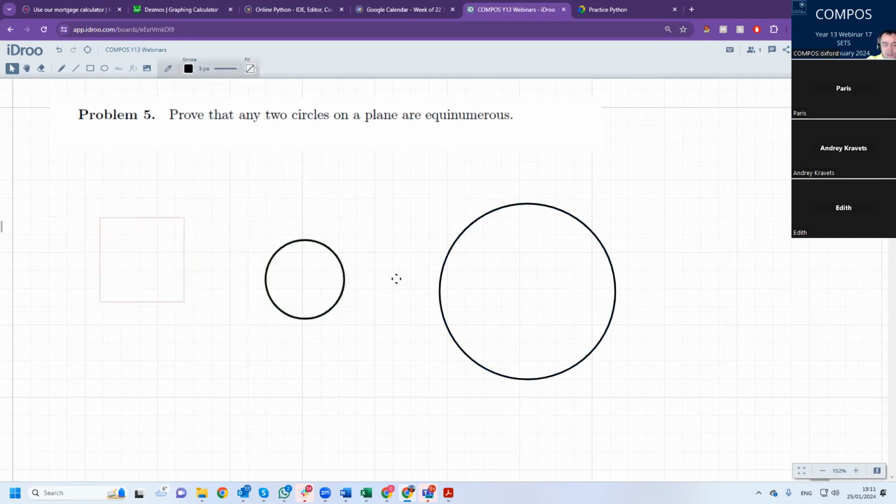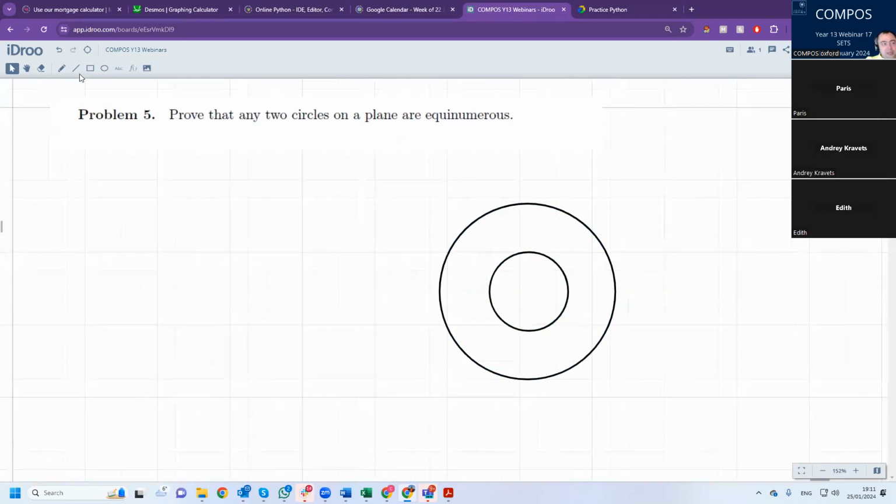Put one into the other. Put them in the center. And draw a ray from the middle. Draw multiple rays.